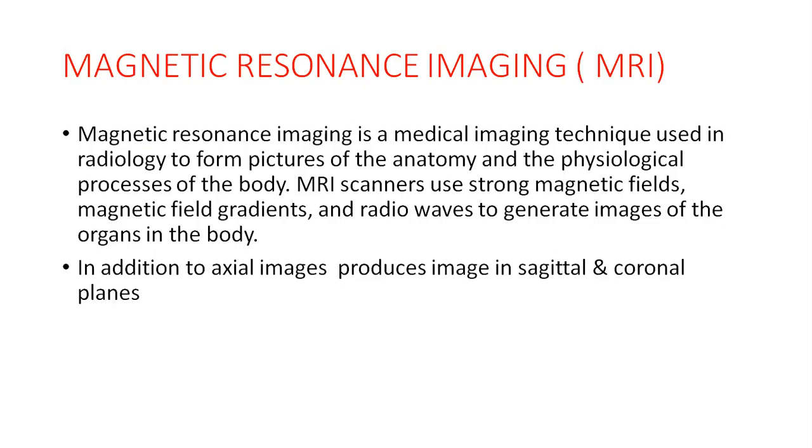MRI is a medical imaging technique used in radiology to form pictures of the anatomy and the physiological processes of the body. MRI scanners use strong magnetic fields, magnetic field gradients, and radio waves to generate images of the organs in the body. In addition to axial images, it produces images in sagittal and coronal planes.